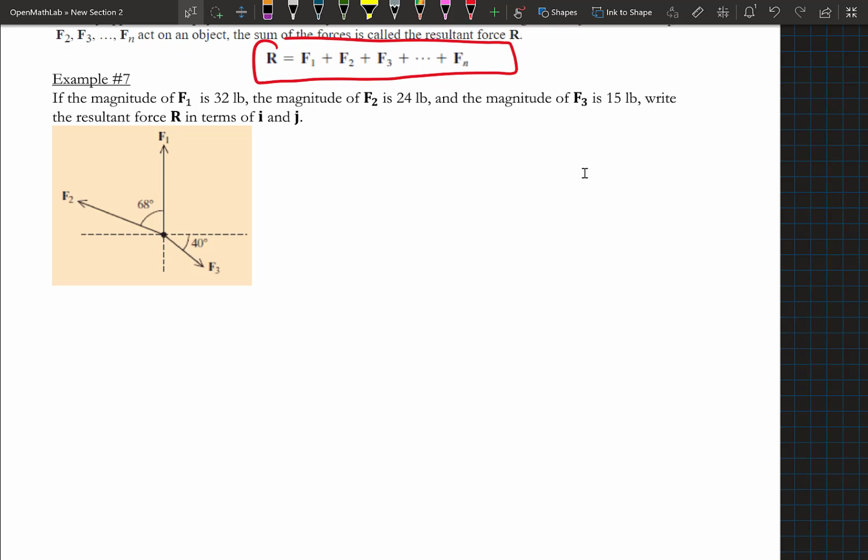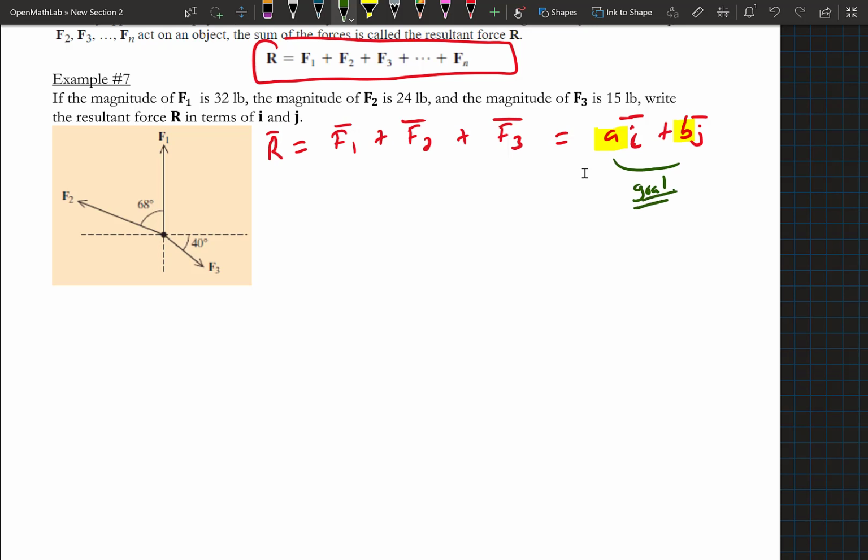Essentially, the resultant vector equals vector F1 plus vector F2 plus vector F3, and we want to figure out what this is in terms of i and j. Our whole goal is to find the values for a and b.